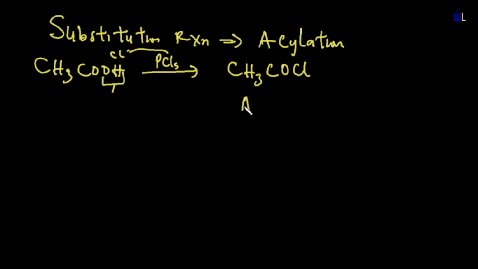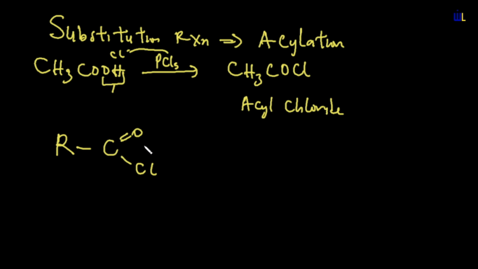This is what we refer to as an acyl chloride. An acyl group is basically formed when an alkyl group is attached to a carbonyl group which is attached to a halogen, and this is what we refer to as your acyl chloride.